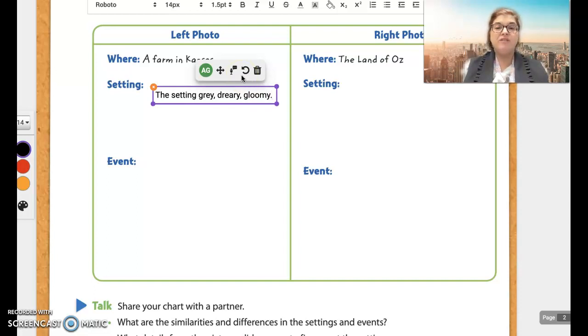Setting is gray, dreary, and gloomy. There's no color, right?